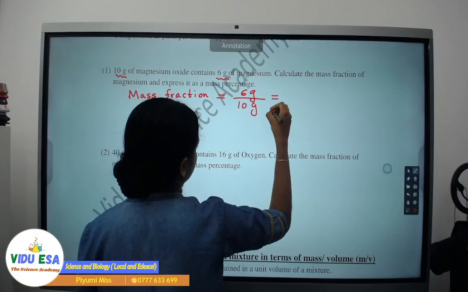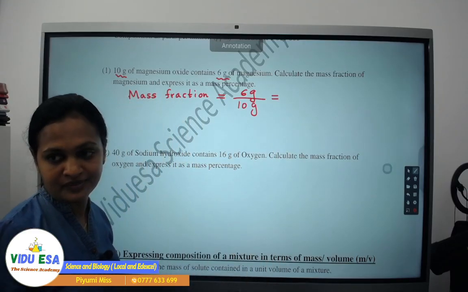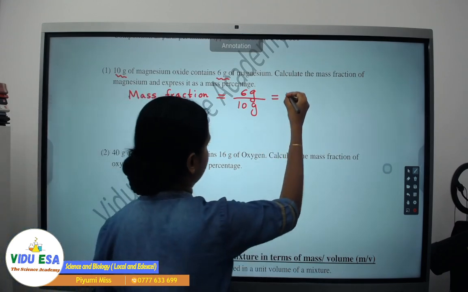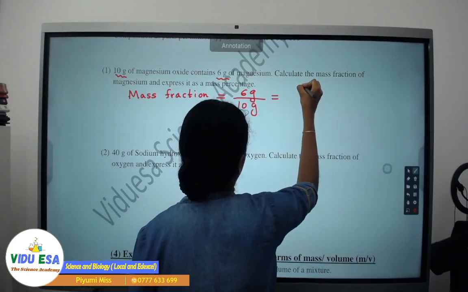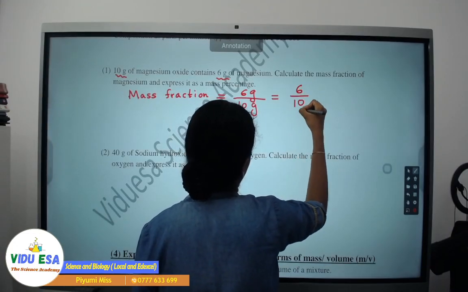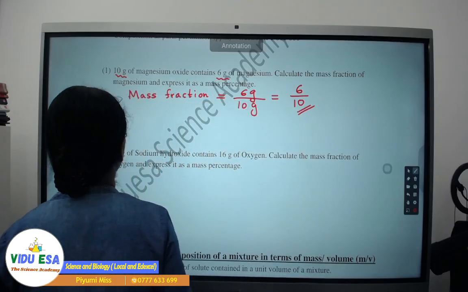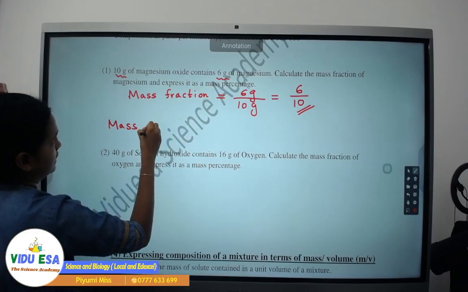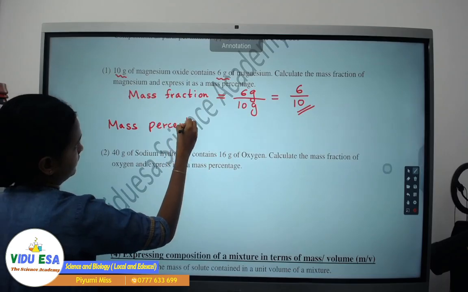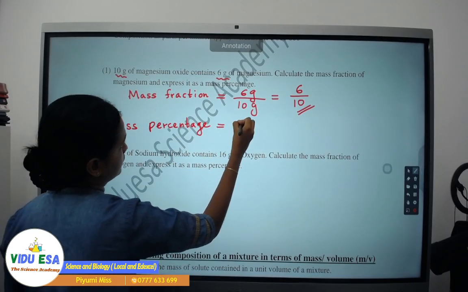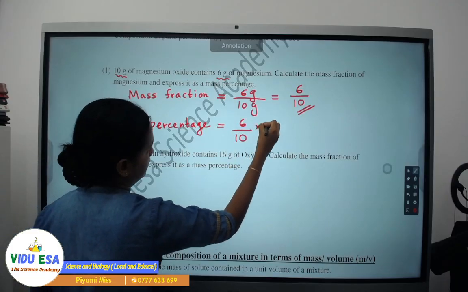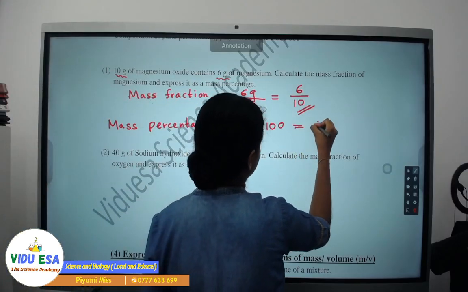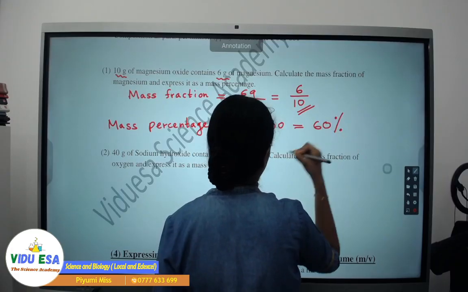So here you can express this as 6/10, or 0.6, or 3/5. Since it is a fraction, we can keep it like this even. Then since we are going to calculate the percentage, I kept it like that. Mass percentage. So you have to multiply the fraction by 100. Then you will get the percentage. Right? That is 60%.